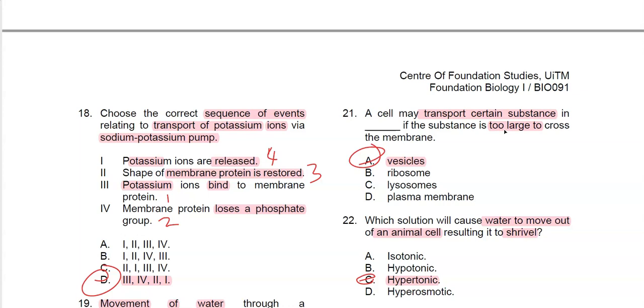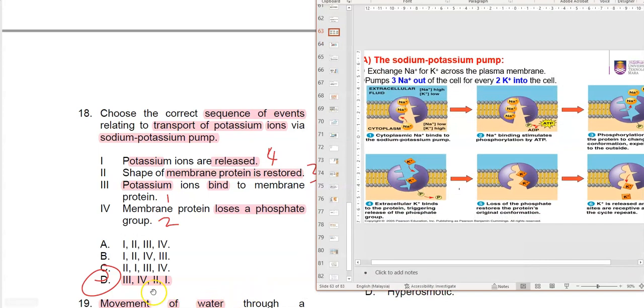So in order to bring in a large substance, or substances in large quantity, it is through endocytosis or phagocytosis, for example. The process of bringing these large molecules into the cell involves the formation of vesicles, as you can see from the notes.